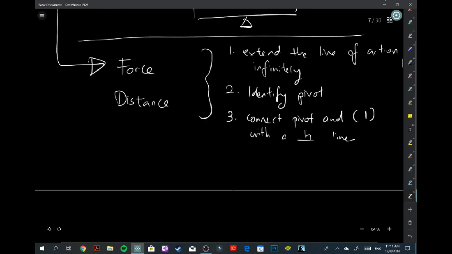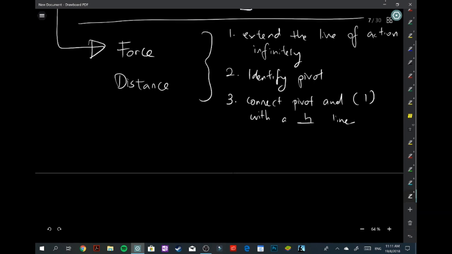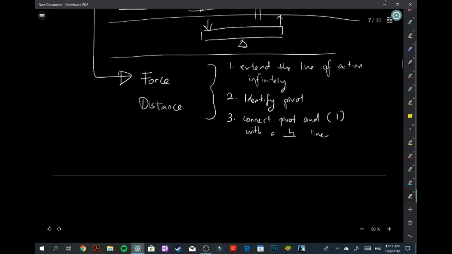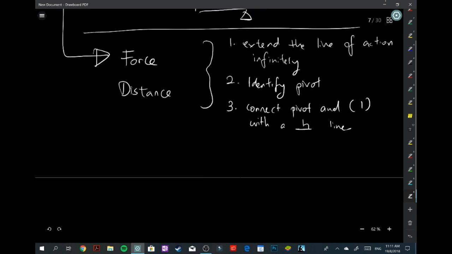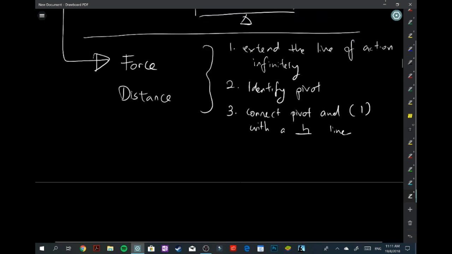Let me show you what I mean by these three rules. Maybe you want to take 1 minute to write these three rules by the side, so that you don't have to keep referring to them. These three rules are something that you must be able to perform whenever you do a moments question, especially a more complicated one. Let's start with a very simple question.